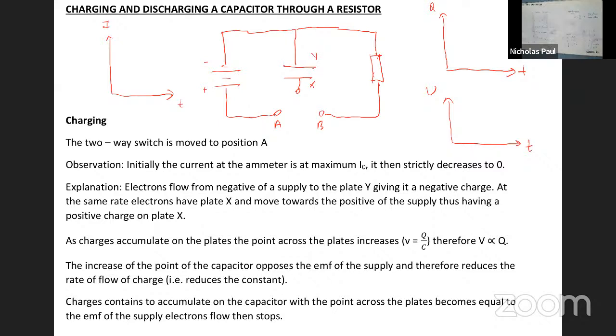Just leave the axes open, right? Q for charge, V, and I. And as we explain, we're going to run through how it will look. The first note here is on charging of a capacitor.